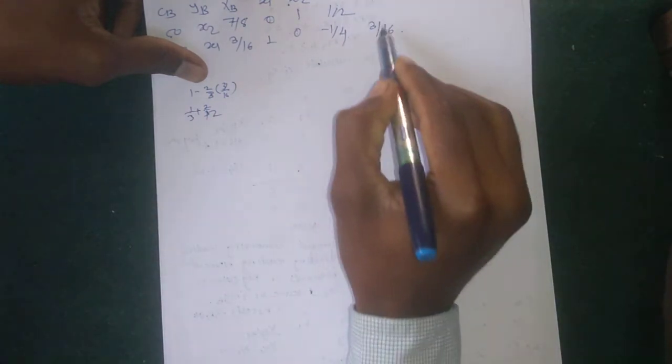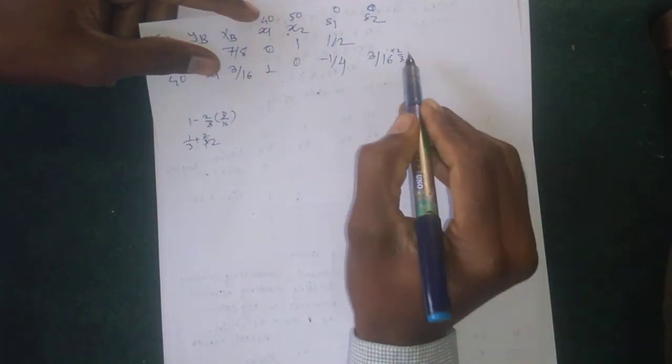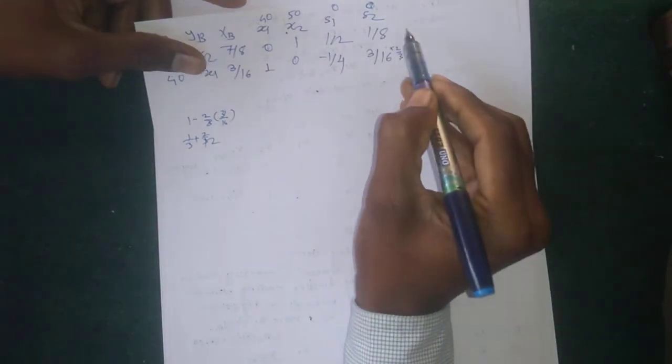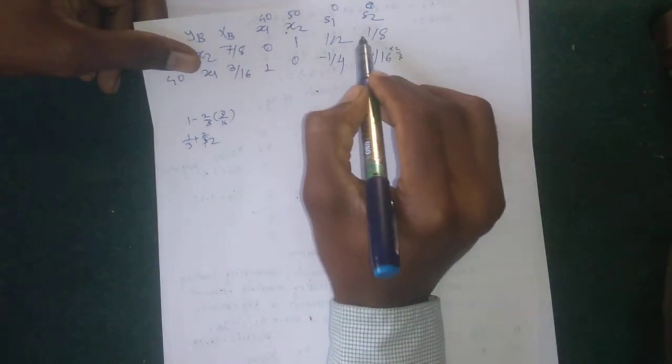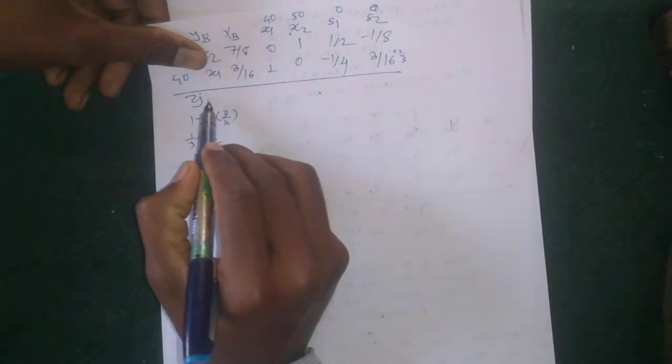Next, 0 minus 2 by 3 multiplied by 3 by 16, the 3 gets cancelled, remaining only minus 1 by 8. Then find zj minus cj.